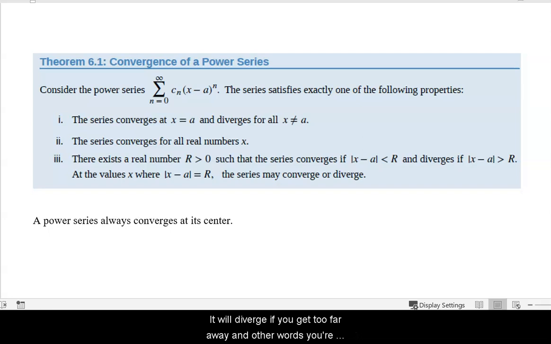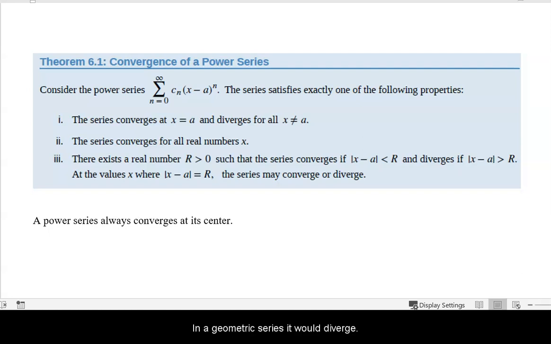It will diverge if you get too far away. In other words, if your distance from a is bigger than R, then it will diverge. The difficulty with the power series in comparison to the geometric series is that we no longer know what will happen right at R, what happens at the two endpoints of that interval.